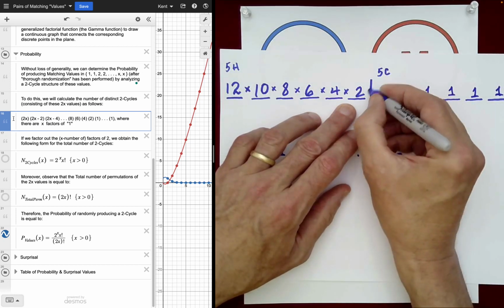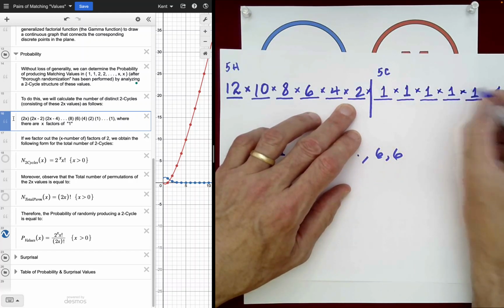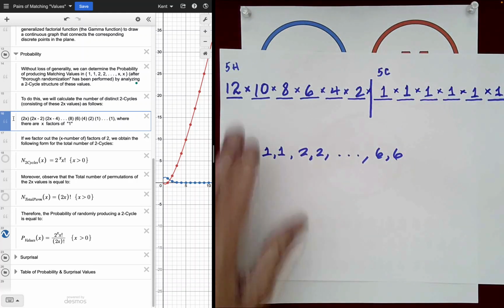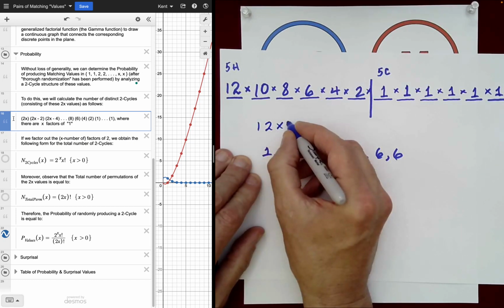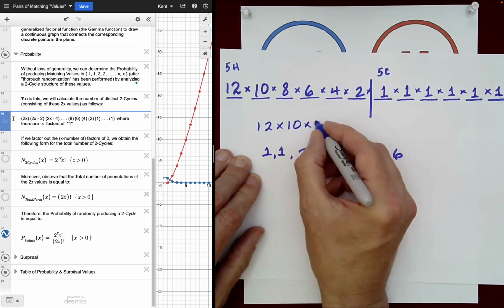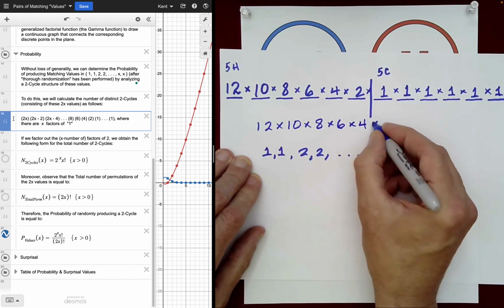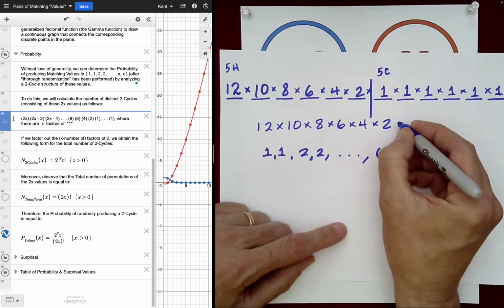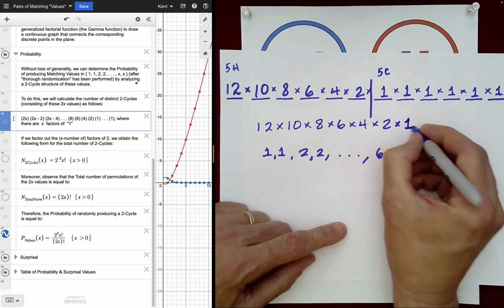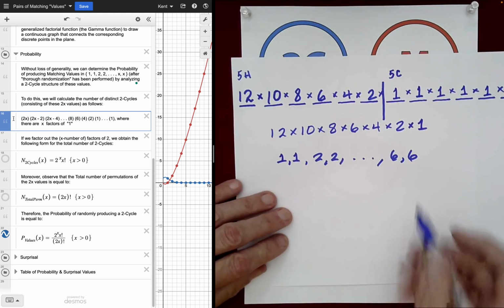So if we go ahead and use the fundamental counting principle, we get the product: 12 times 10 times 8 times 6 times 4 times 2. If it makes you feel good, you could do times 1. May not be a bad idea for what's coming next. Well, come to think of it, actually, we don't want the 1 there.